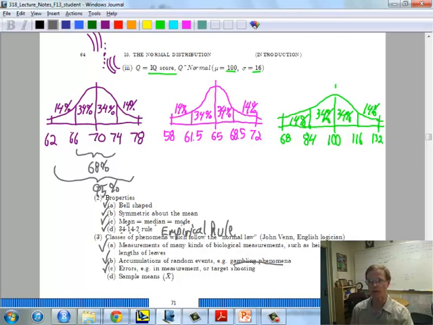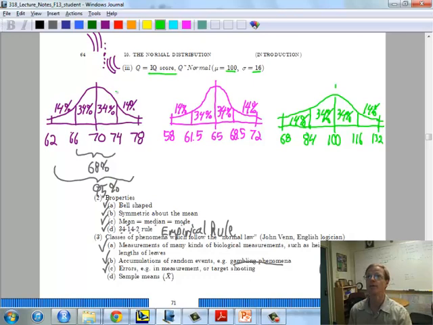Errors in measurement or target shooting. If you've got a target and the shots are all around here, well, when you take the bullseye, let's just stick it in the middle, and you measure these distances, all these green lines, when you put those all in a histogram, you're going to go approximately normal.